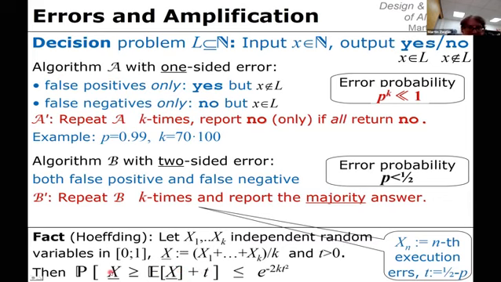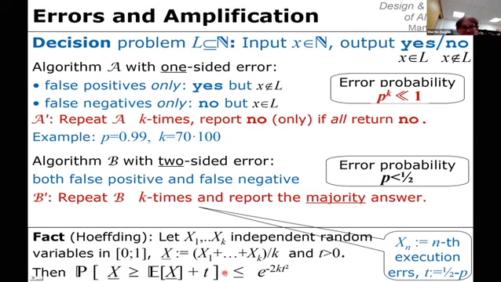So what we're talking about here is the probability that at least half of the executions give the wrong answer. When more than half of the executions give the wrong answer, the majority gives the wrong answer. This is precisely when our algorithm B prime gives the wrong answer. So this denotes the error probability of our algorithm B prime.